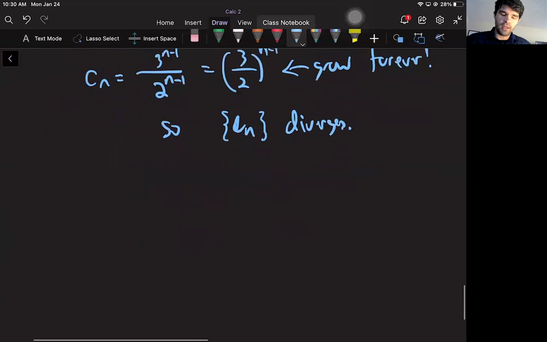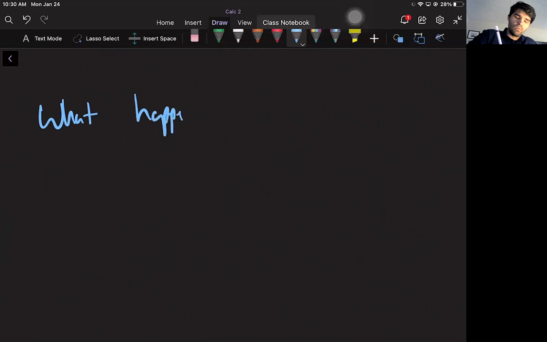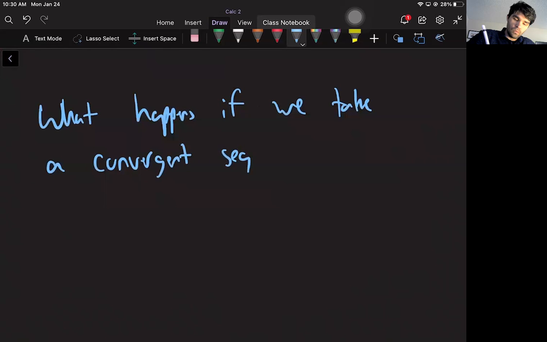So what other things can happen? Before we learn the actual strategies, let's think about some properties that show up. So what happens if we take a convergent sequence and we just change it a little bit?